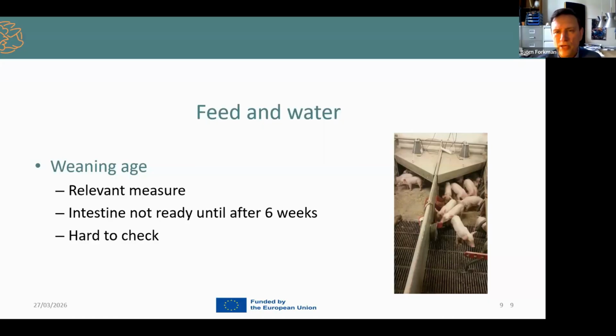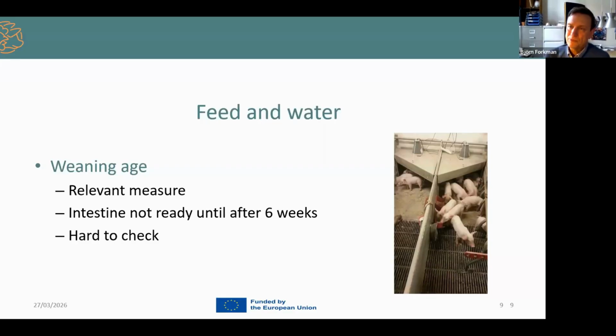Another issue with weaning age is that it's quite difficult to check. If you come out into a farrowing section, they will probably say, all right, so this sow farrowed at this point in time.